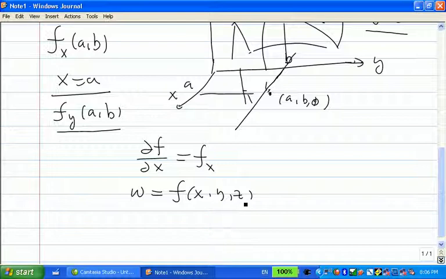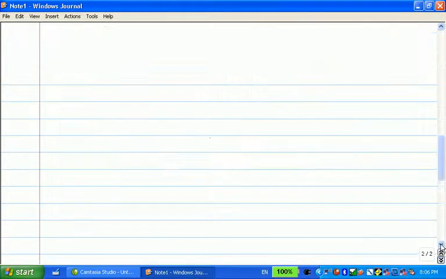Similarly, you can take partial derivatives with respect to x, y, and z. Why do we call it a partial derivative? Because it only concerns the derivative with respect to one variable.